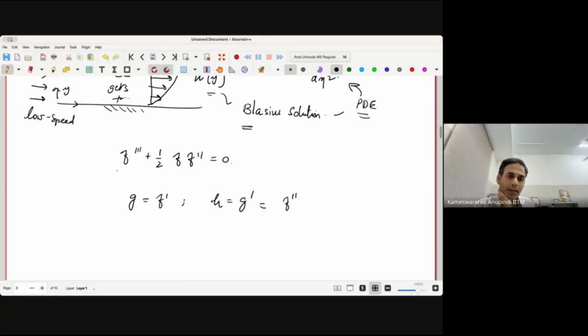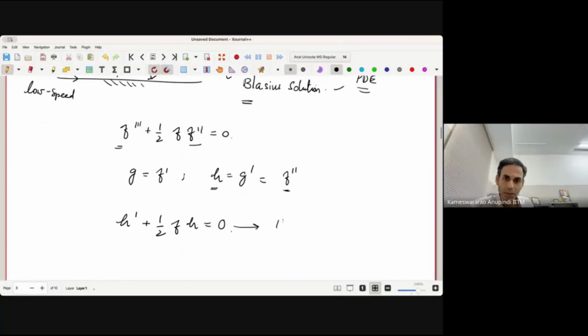Then I can go back and look at this equation. F triple prime is basically nothing but h prime, because h is f double prime, so I just need to put another prime here. Plus 1/2 f f double prime, where f double prime is h, equal to 0.